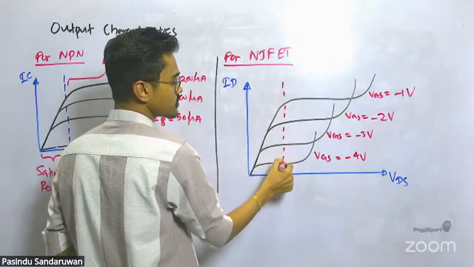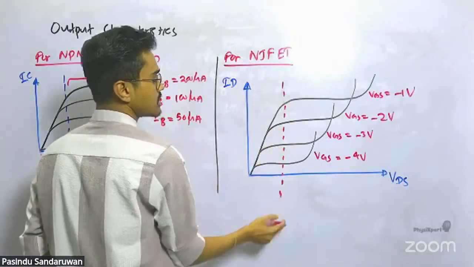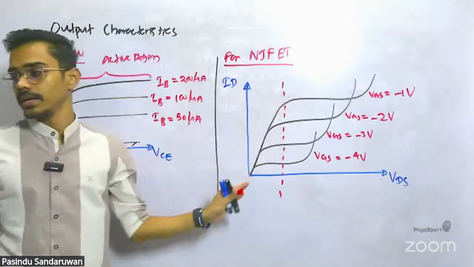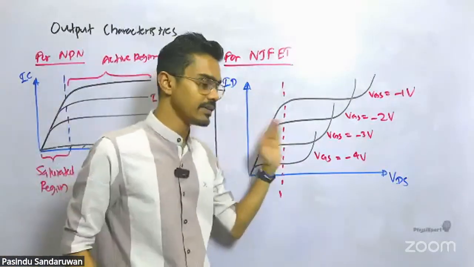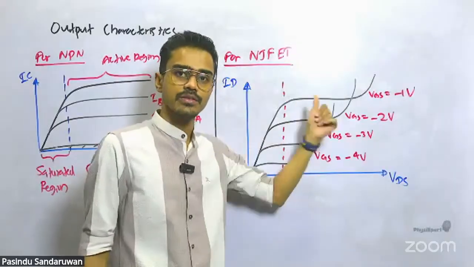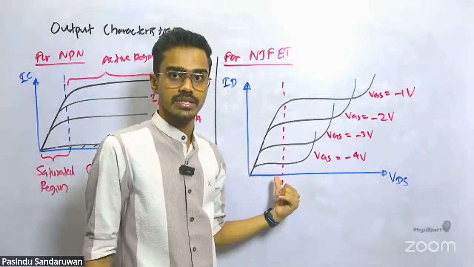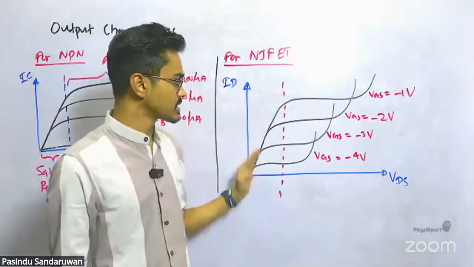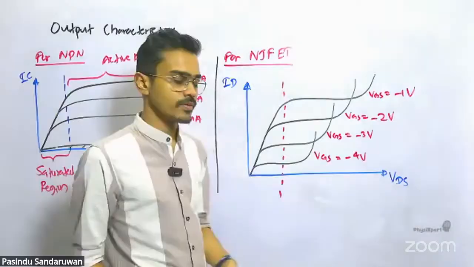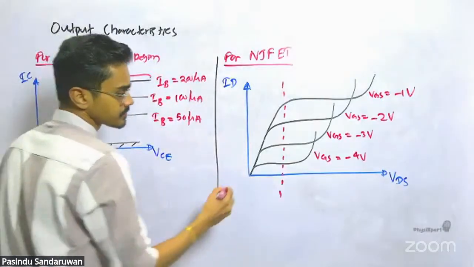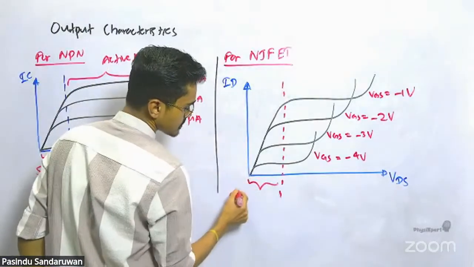Listen. This region where it behaves linear, the ID and VDS relation is a linear curve, a straight line going to the origin. So it follows Ohm's law, therefore it is called the ohmic region.